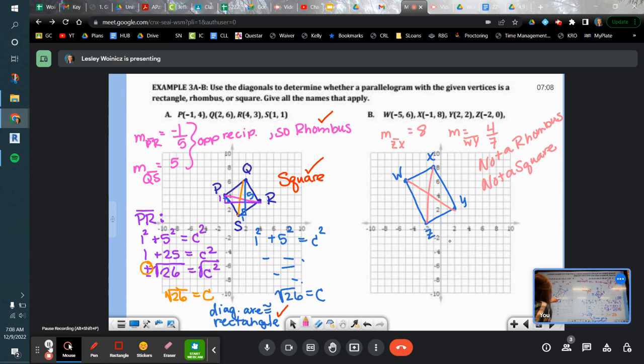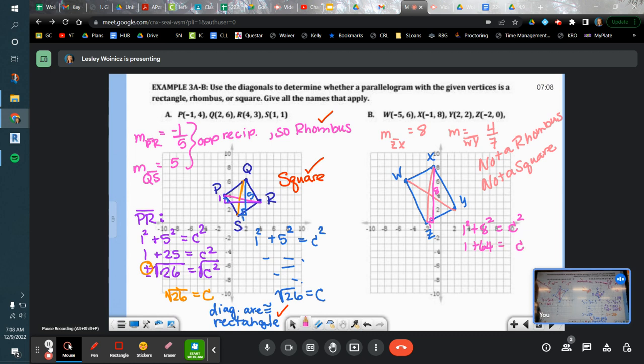So I'm going to make my little right triangle so I can use my Pythagorean theorem. This right triangle has a length of 1 for one leg and 8 for the other leg. So I'm going to do 1 squared plus 8 squared equals my c squared. 1 squared is 1. 8 squared is 64.